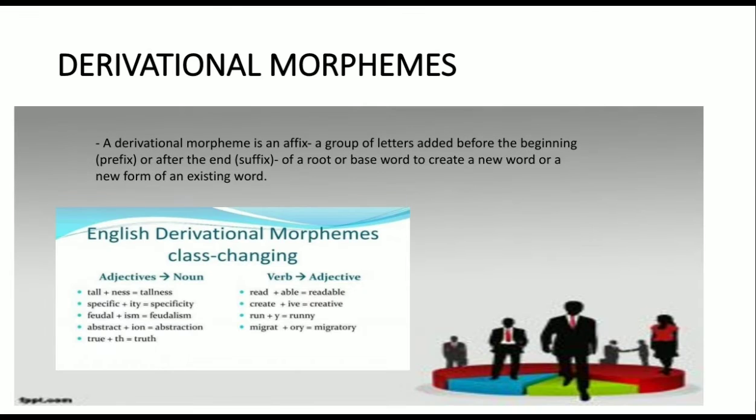And the next is derivational morphemes. A derivational morpheme is an affix, a group of letters added before the beginning, called a prefix, or after the end, a suffix, of a root or base word to create a new word or a new form of an existing word.